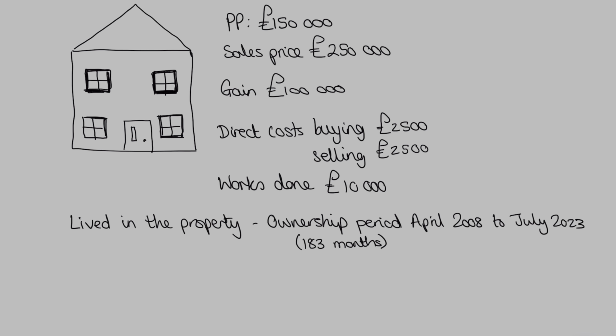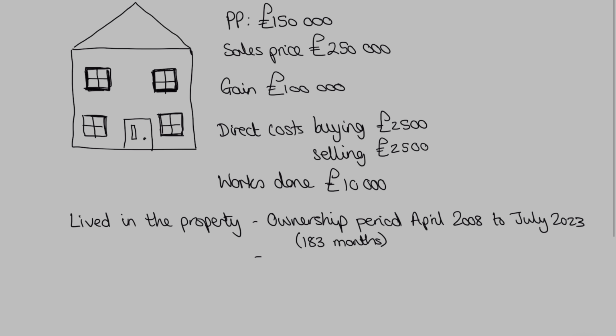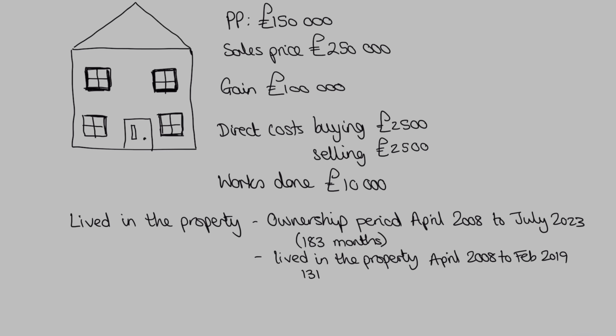The ownership period is 183 months, and the period that she lived in this property was from when she bought it up until February 2019, which is a grand total of 131 months.